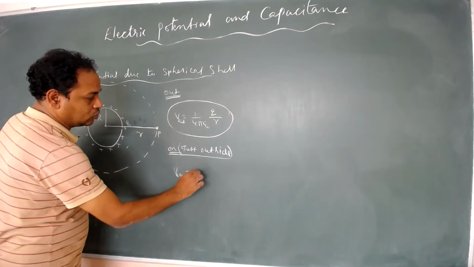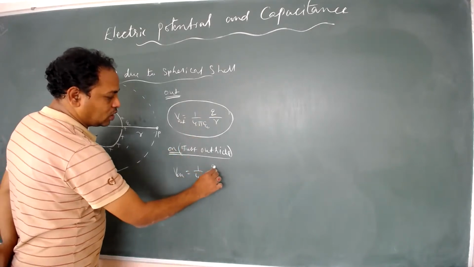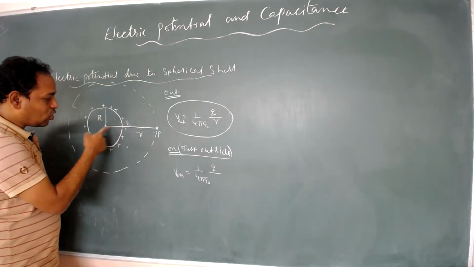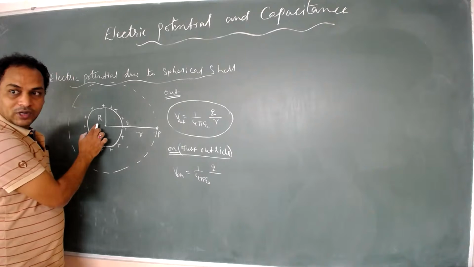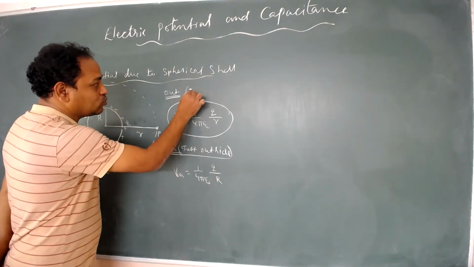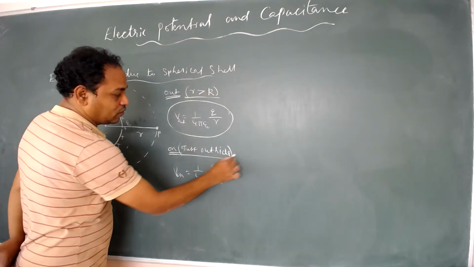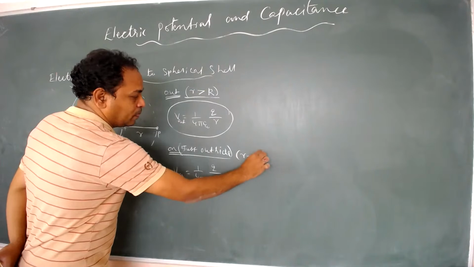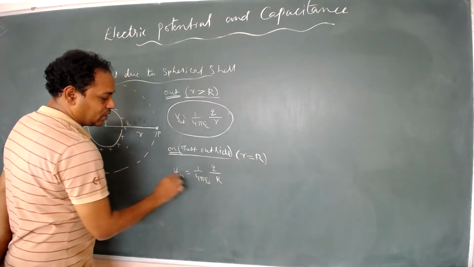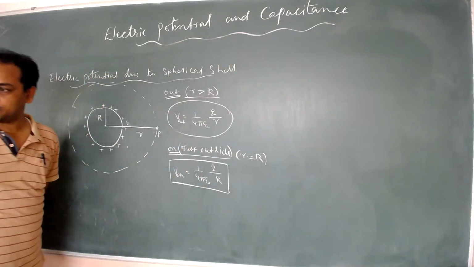V on is equal to 1 by 4 pi epsilon naught into the same charge Q by, ये distance क्या होगा? Capital R. So outside, small r is greater than capital R. But for on the surface, small r is equal to capital R. So instead of this I am taking it as capital R.